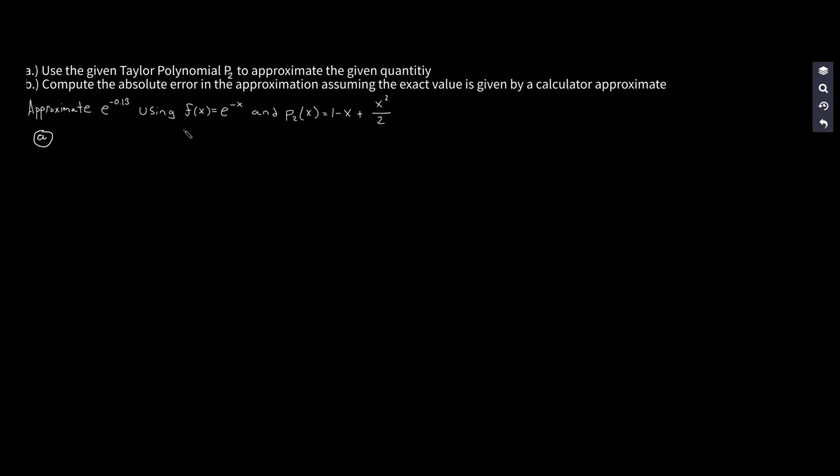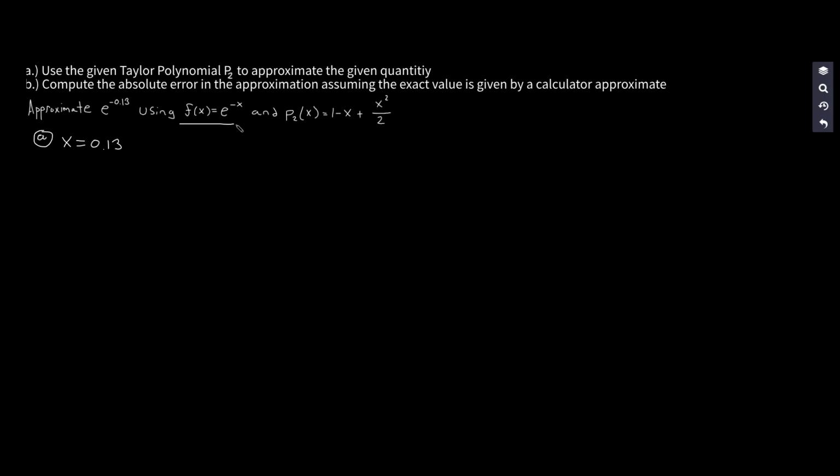Since the exponent is -0.13 and the function is e raised to the power of -x, we're just going to plug in x equals 0.13, because Euler's number is raised to the negative power of 0.13, and f of x is e raised to the negative x. So it's going to become positive.